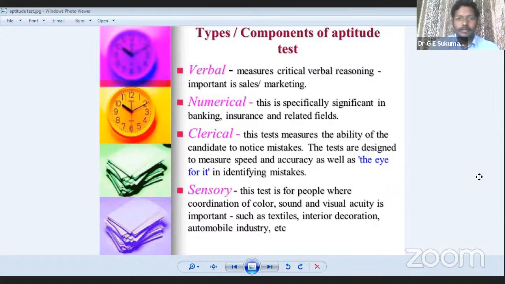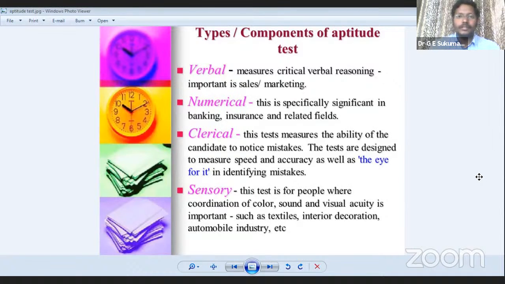For example, verbal: it measures critical verbal reasoning, important in sales and marketing. It measures how good the person is at making use of vocabulary and language.